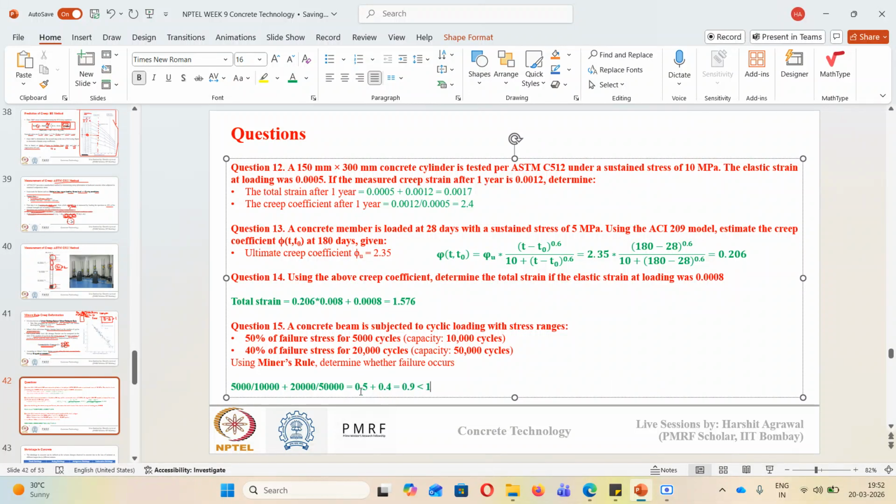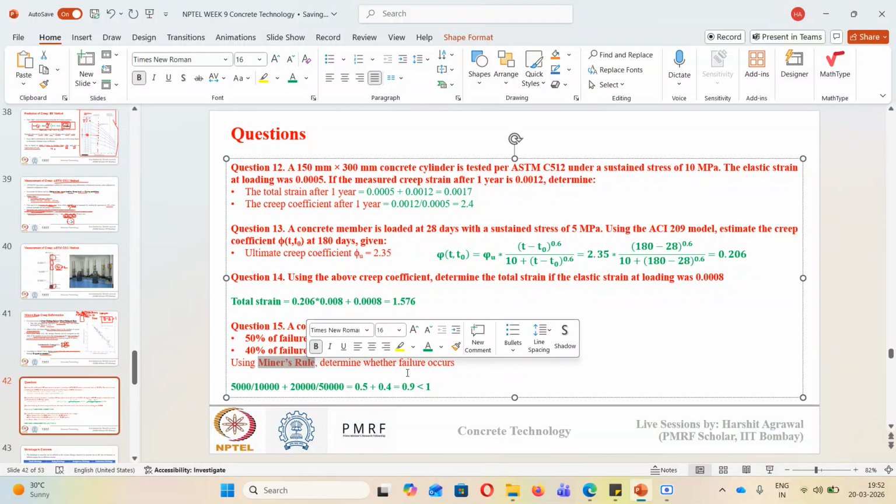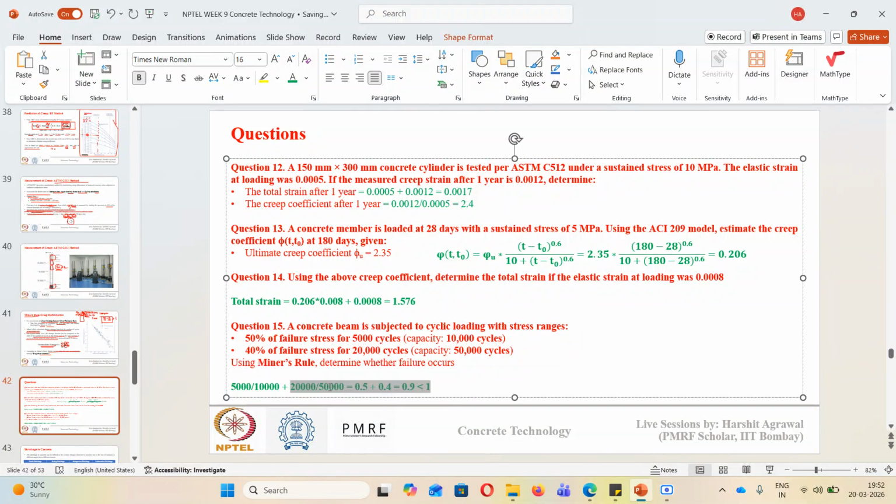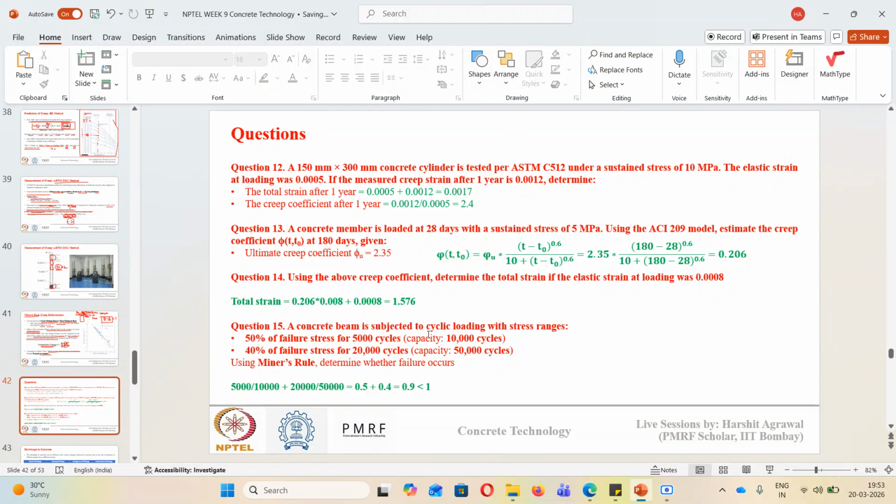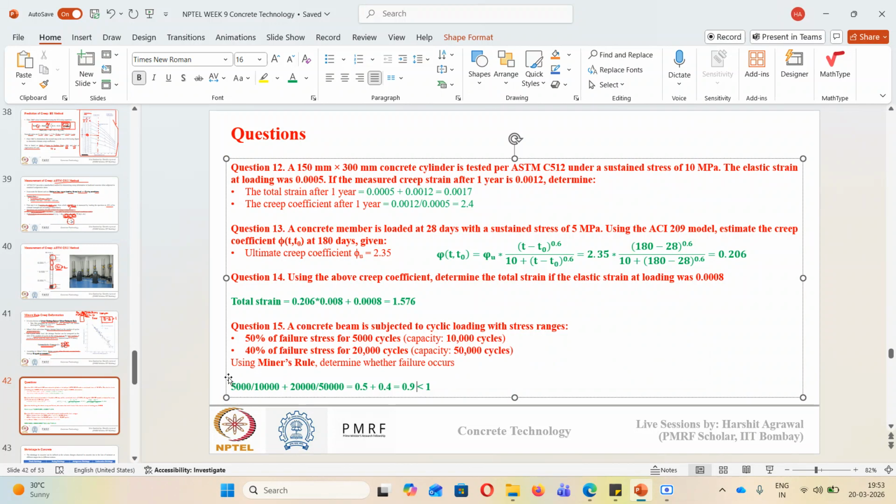So we can say that according to Miner's rule, failure won't occur because the damage has not reached the failure mark. This is how we apply Miner's rule. We are just adding how many cycles have passed for each loading, and if the summation reaches one or exceeds one, then we say failure has occurred.